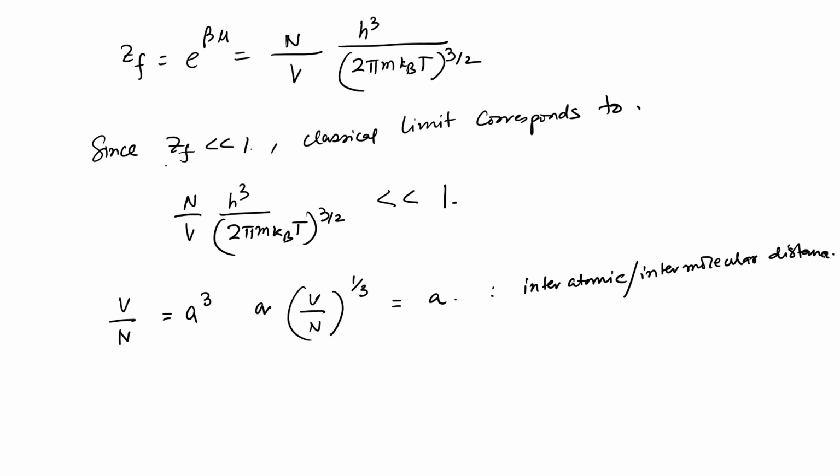So, that brings us to this: if you define lambda, or sometimes it is written as lambda t, let me write it with a lambda t, which is equal to h by square root of 2 pi m k T, this is called the thermal de Broglie wavelength.